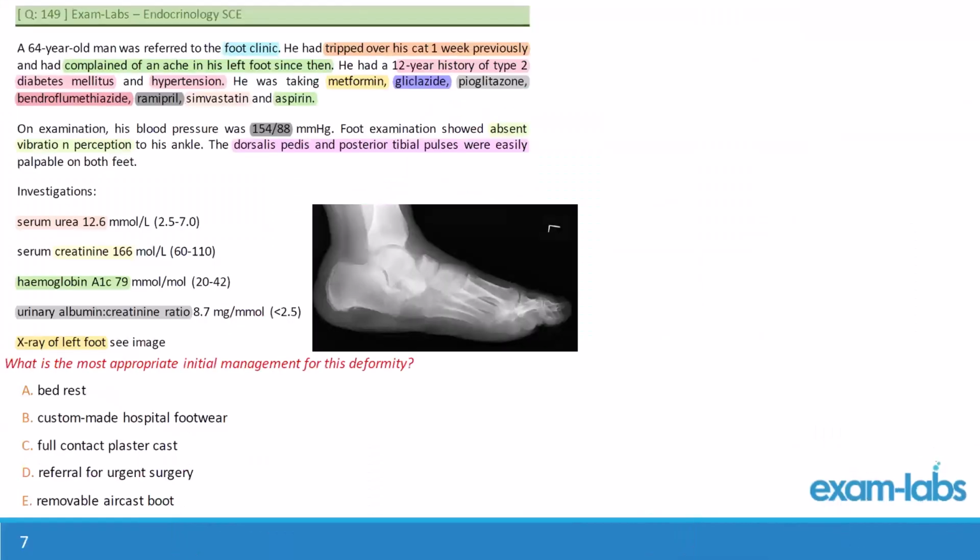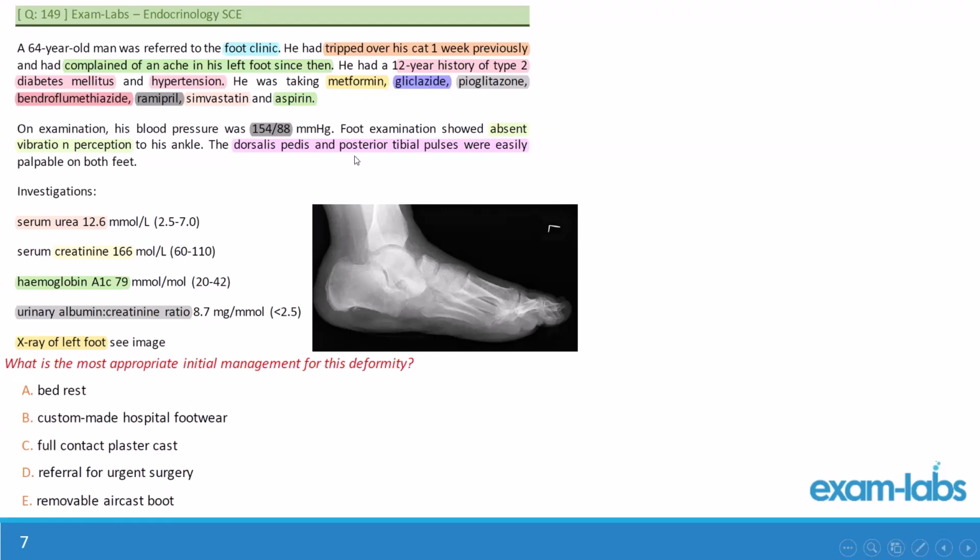Another question. This X-ray, what is the abnormality here? I don't know. But the question asked about a foot clinic patient who tripped over his cat one week previously, with an ache in his left foot since then. The patient is already on a lot of drugs.